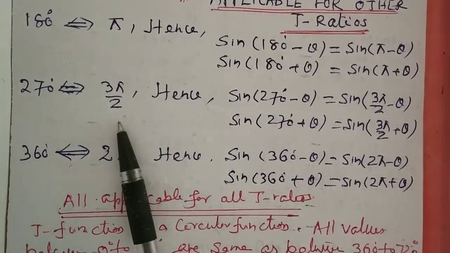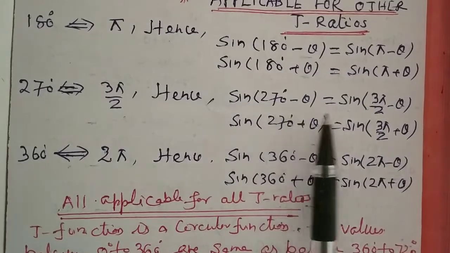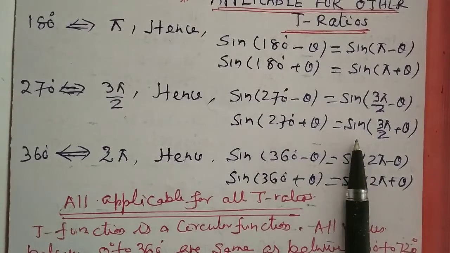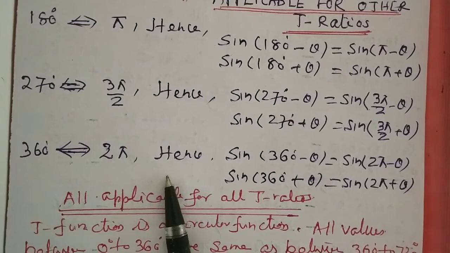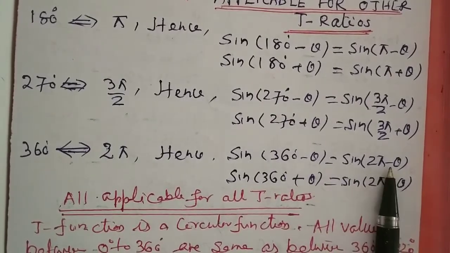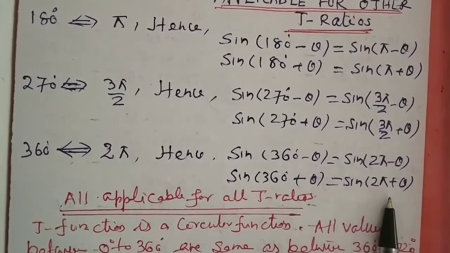270 is called 3 pi by 2. You know already. Hence, sine 270 minus theta is called sine 3 pi by 2 minus theta. Sine 270 plus theta is called sine 3 pi by 2 plus theta. Likewise, 360 is called 2 pi. So sine 360 minus theta is equal to sine 2 pi minus theta. Sine 360 plus theta is also known as sine 2 pi plus theta.